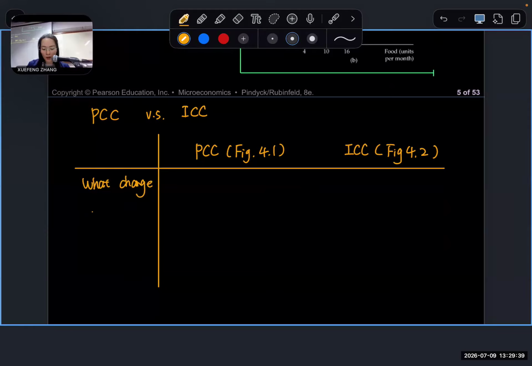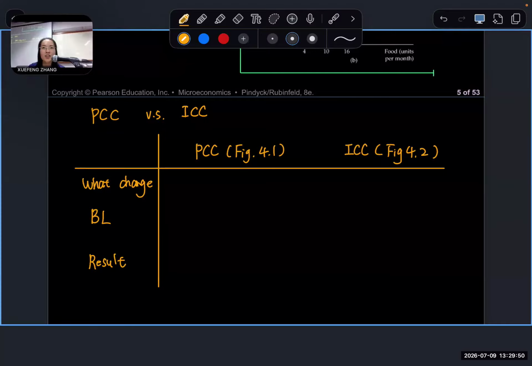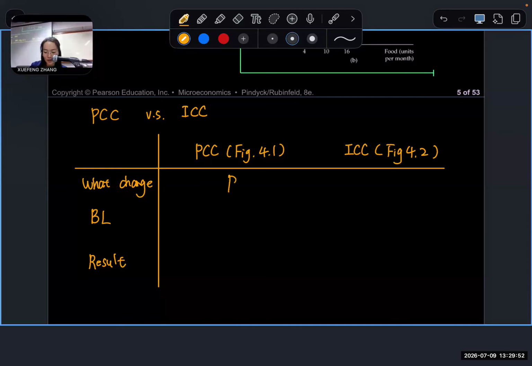For PCC, of course, the price changed, and the budget line will rotate.